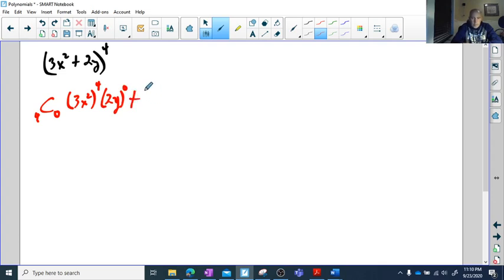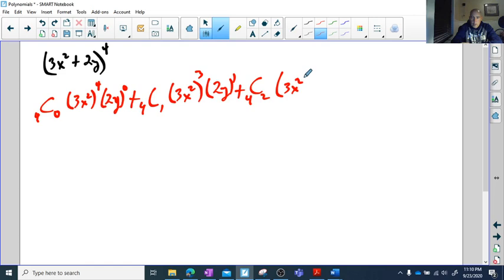Plus 4 choose 1, 3x squared will now go to the 3, and 2y goes up 1, just like the pattern on the variables doesn't change. And then I'll go 4 choose 2, 3x squared squared, and then it'll be 2y to the 1, that one will be squared as well.